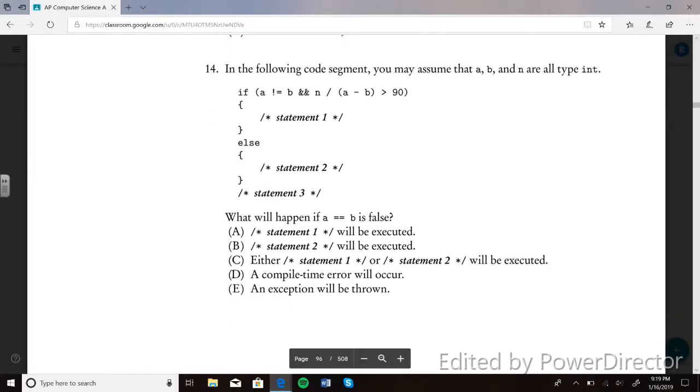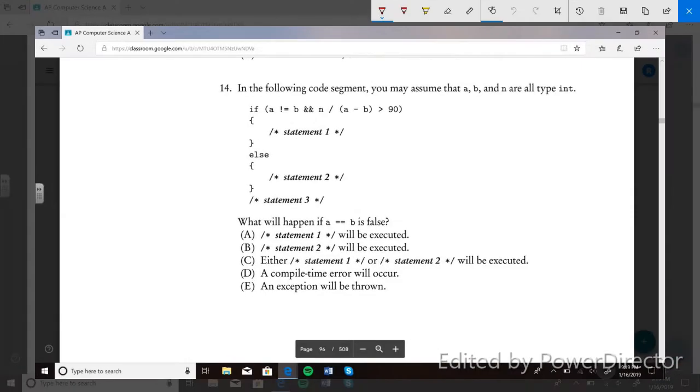For number 14, they give you a code segment and they ask what will happen if A is not equal to B. So since A equals B is false, that means that this part will evaluate to be true since the not is there, and since it's an and, you need this part to evaluate to be true as well.